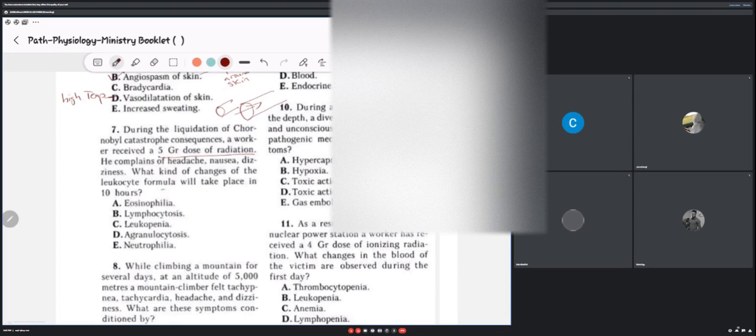So first of all, there are two methods of approaching this question. I told you the functions of all of these white blood cells, the leukocytes. I just wrote the function there, up there at the first page of this lecture.